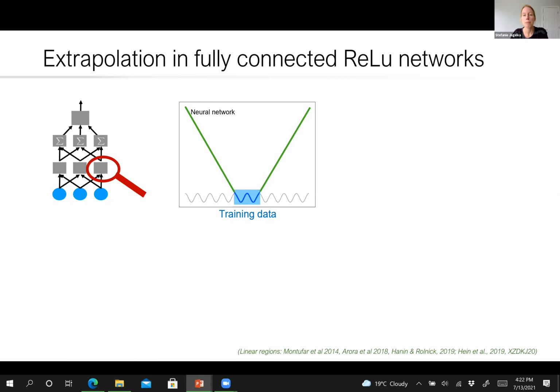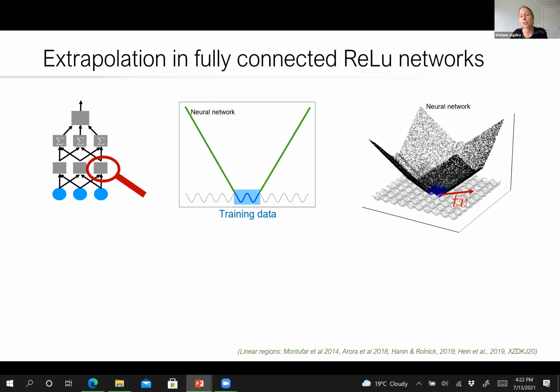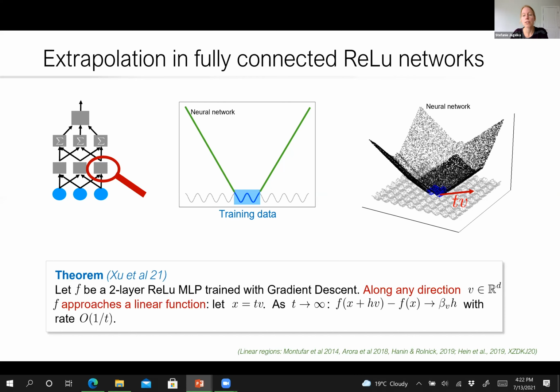And this happens not only in one dimension, it also happens in higher dimensions. Formally, as you're going away from your data, fairly quickly, the neural network is implementing a directionally linear function, which is linear along directions away from your training data.